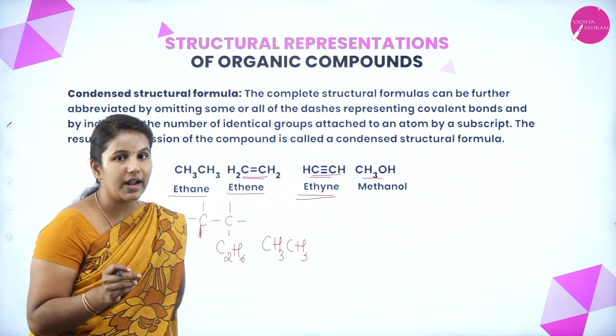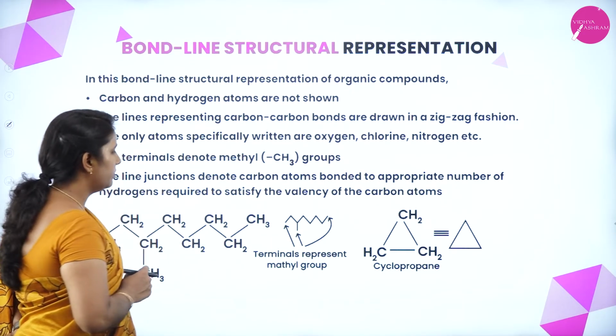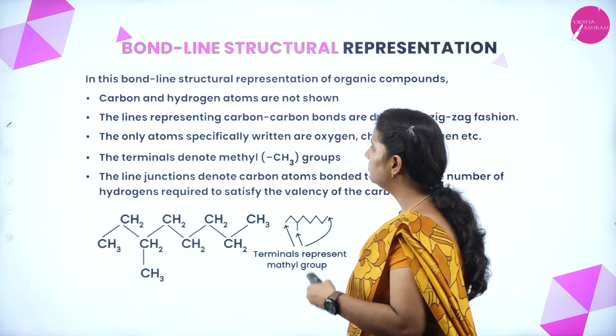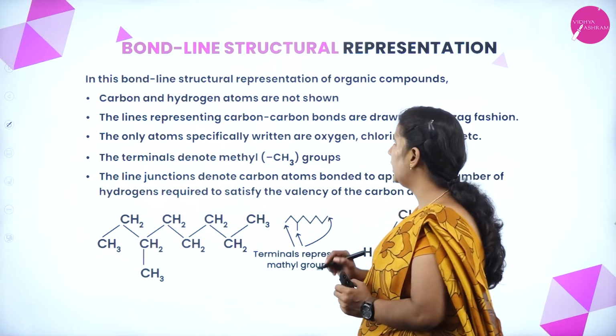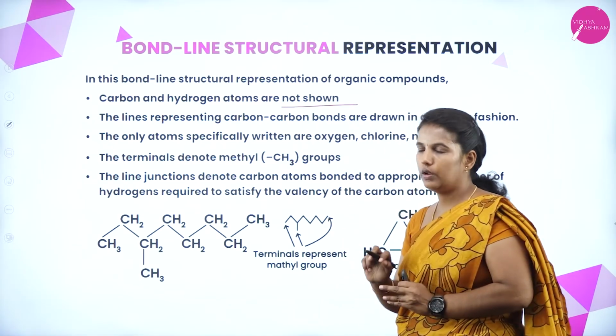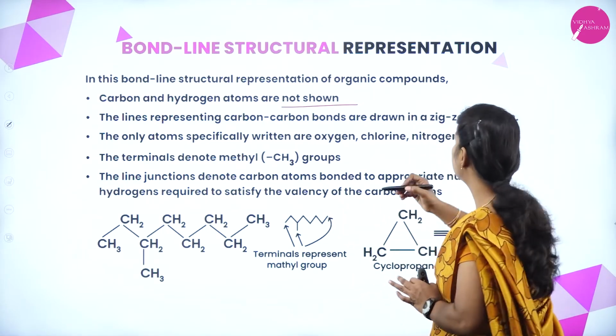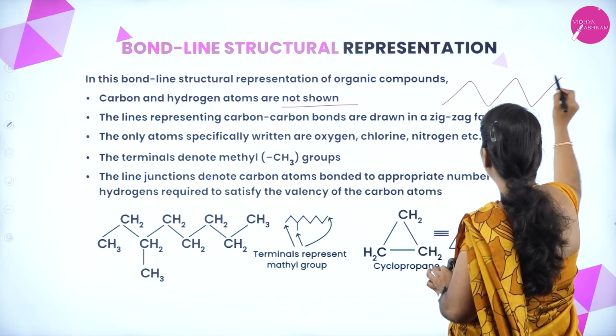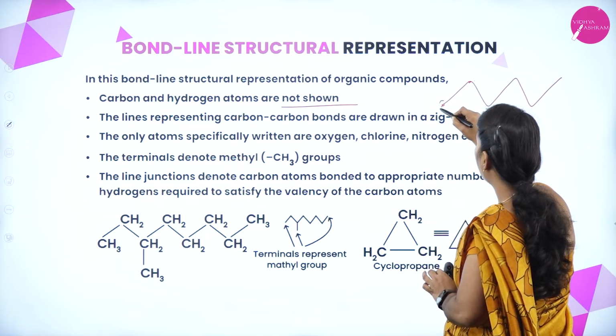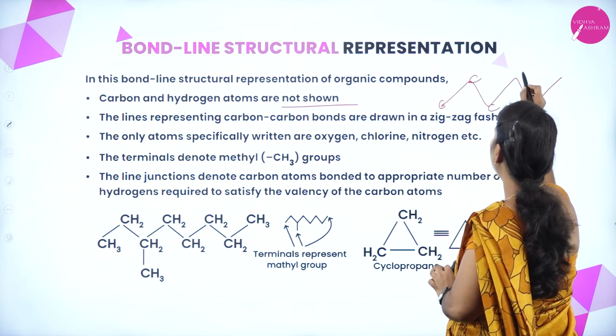We call it as what? Condensed structure. In the bond line form, in this bond line structure, the carbon-hydrogen linkage will not be shown, and the lines represent the carbon-carbon linkage. Suppose if you write the compound like this, this shows that here we have one carbon, here we have one more carbon like this.